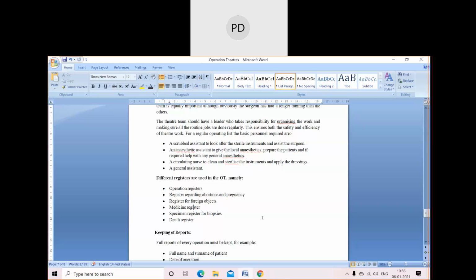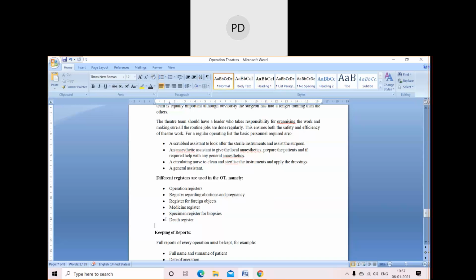So that register also we have to maintain and send to the lab with the biopsy sample, and you get the sign from the lab that this particular biopsy sample has been received from OT. Over here you have all the details: name of the patient, double identifiers, what kind of biopsy it is, which lab you are sending it to, and the sign of that particular person. So this is there in the specimen register for biopsy.